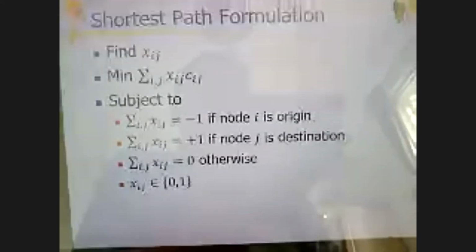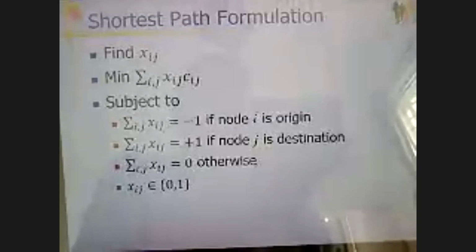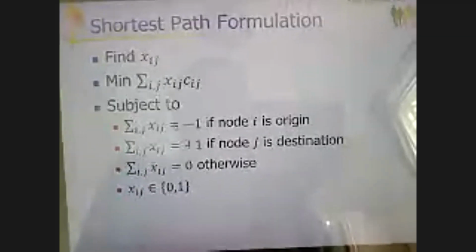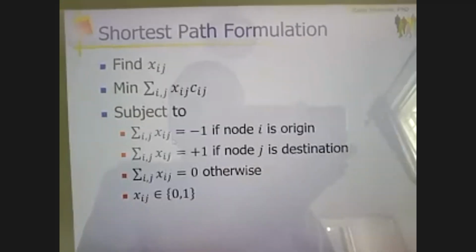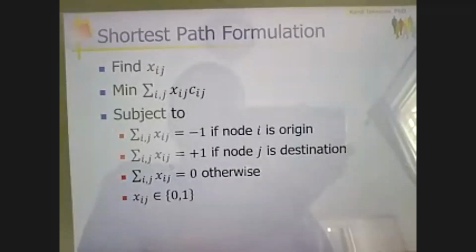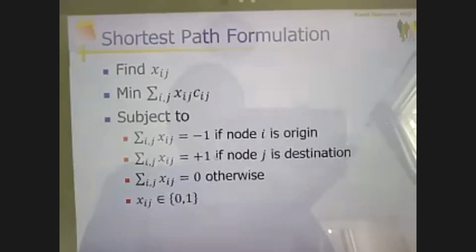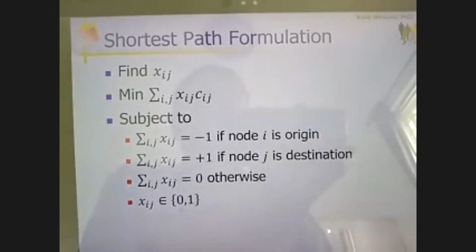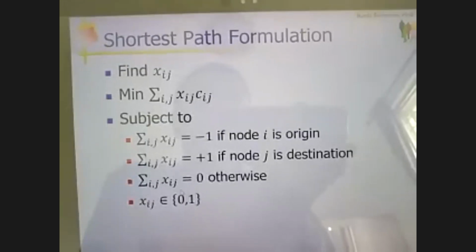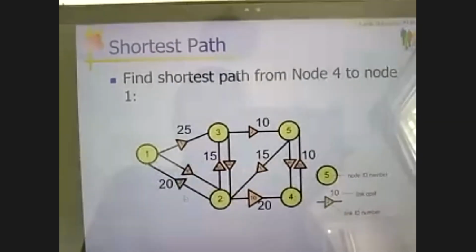And then subject to, okay, the flow in the node of origin is -1. Okay, the flow in the node of destination is +1. All the other nodes are 0, and then the flow must be 0 or 1, right?